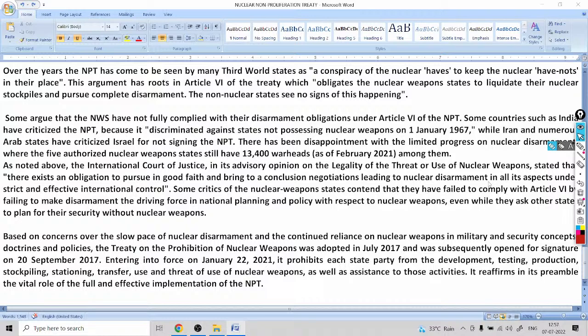It reaffirms in its preamble the vital role of the full and effective implementation of the NPT. Although this Treaty on Prohibition of Nuclear Weapons came into force in 2021, you can say it is a supplement to the NPT.